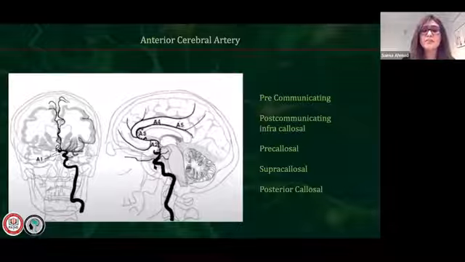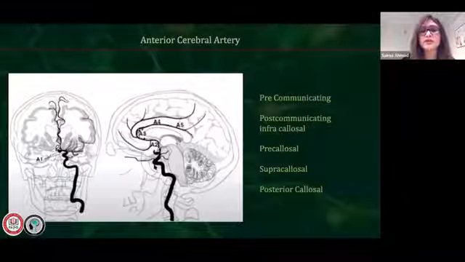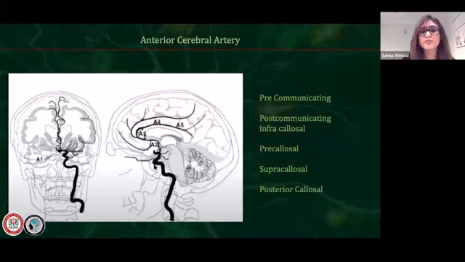And then we have the callosomarginal branch and the pericallosal artery. The pericallosal artery is always described along the corpus callosum. So we have A3, A4, and A5, and it finishes at the splenial part of the corpus callosum, giving the splenial artery. Now, this splenial area is an important collateral anastomosis with the splenial branch of the posterior cerebral artery.